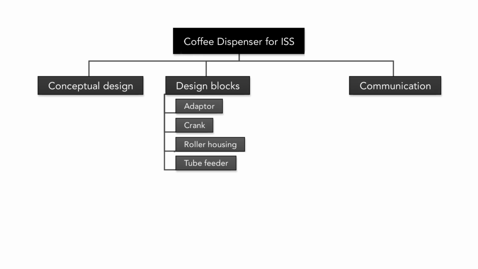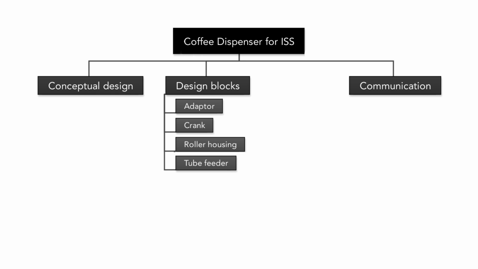Let's return to example 3 of the work breakdown structure for Houston We Have Coffee. The team decomposed the major task design blocks into 4 subtasks: adapter, crank, roller housing, and tube feeder. With just these 4 design blocks, the team still may have a hard time knowing what to do.